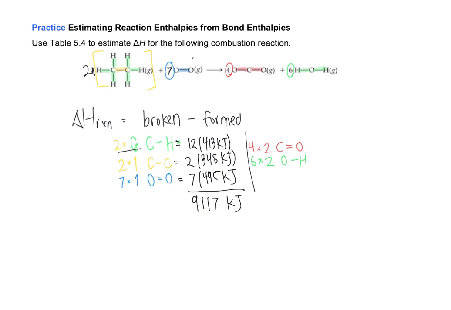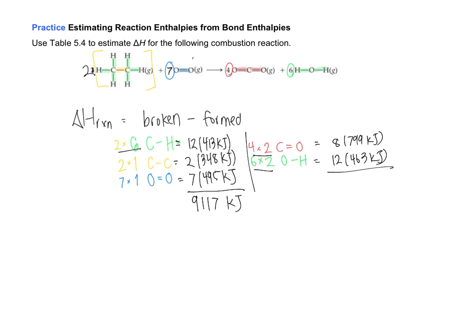Now for the products, we're going to have 8 carbon-oxygen double bonds. Those are 799 kilojoules. And 12 hydrogen-oxygen single bonds, and those are 463 kilojoules.